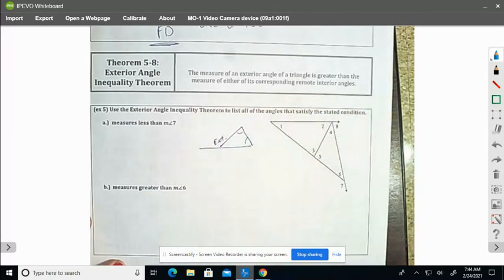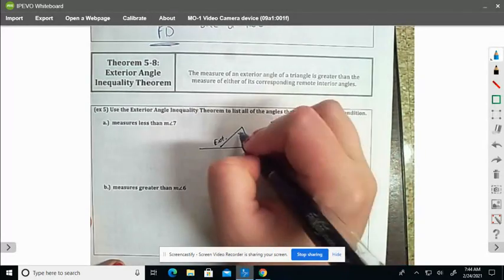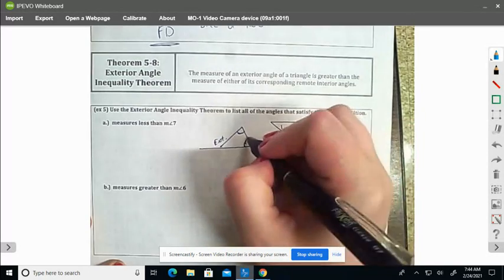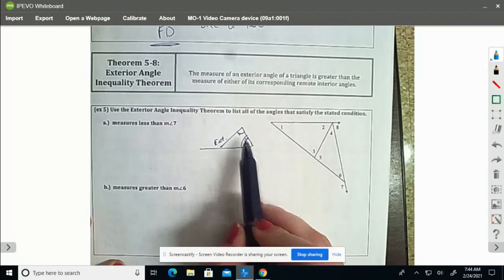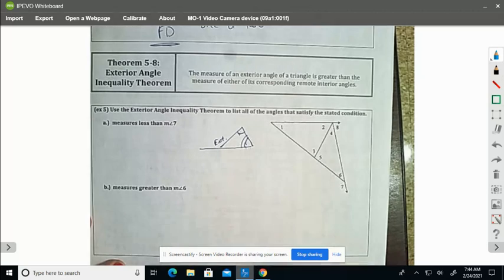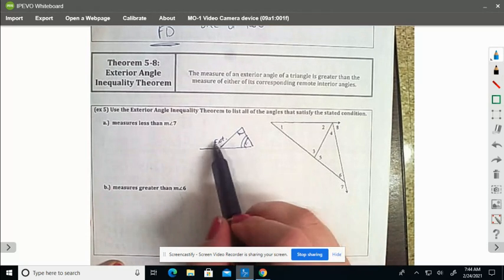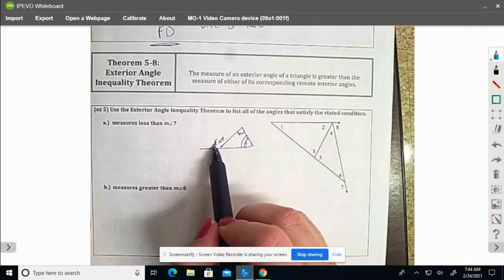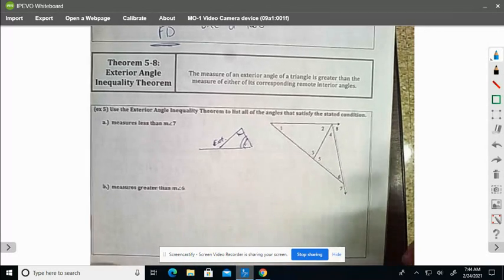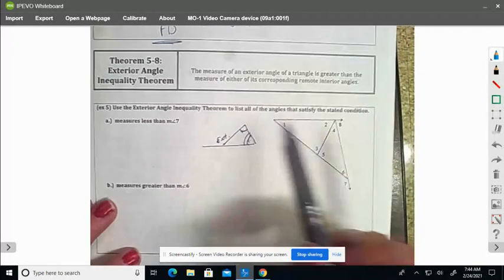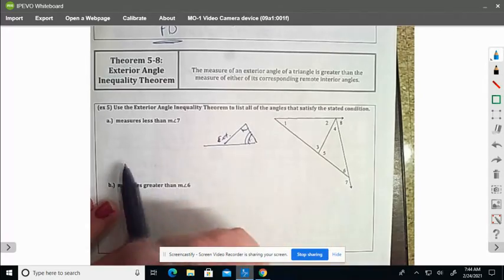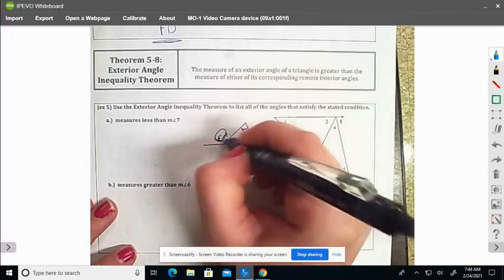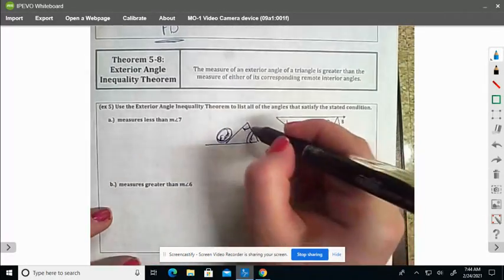These two are your remote interior. They're not necessarily equal, so I shouldn't label them with the same arc. But if you remember correctly, these two add to equal that outside exterior angle. Okay, that was a rule we used maybe 2 units ago. So what they're saying here is this has to be greater than both of these.